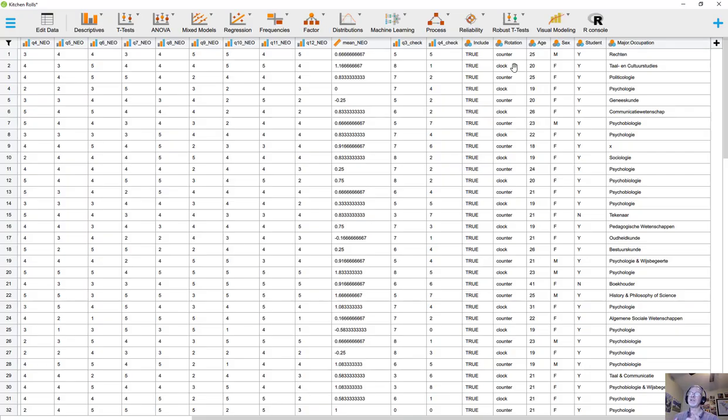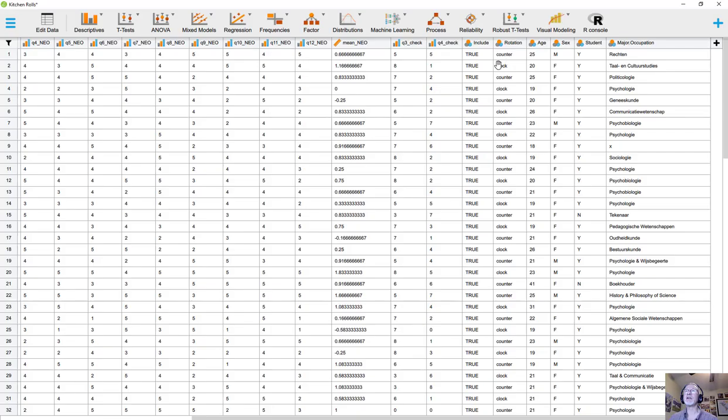I didn't read the details of the study, but they were filling out the openness to experience questionnaire while rolling the kitchen rolls clockwise. In the other condition, they rolled it counterclockwise, and that was supposed to not yield as high of a score.